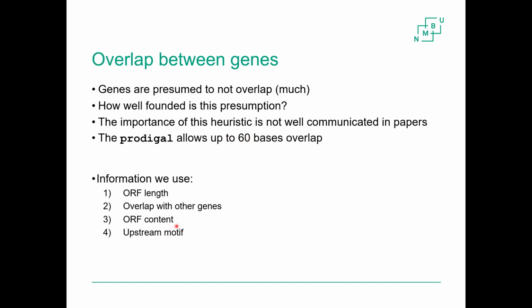The ORF content is not that effective, but it has some impact, and this could of course be more effective in some cases and less effective in other cases, depending on the organisms, right? And I would say this upstream motif information is the least important one here. It could be used and help you to decide a few cases perhaps, but basically you need these others first to really find the genes.